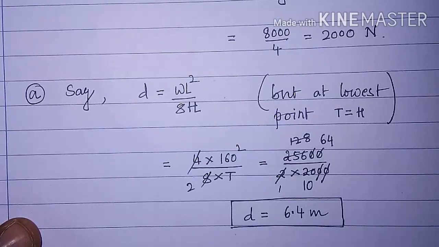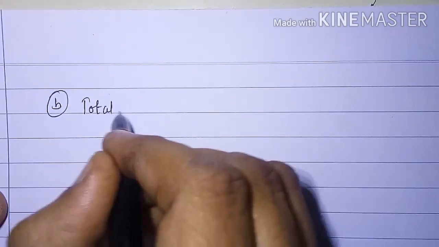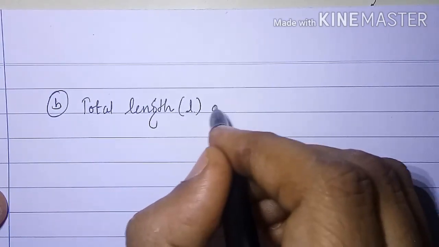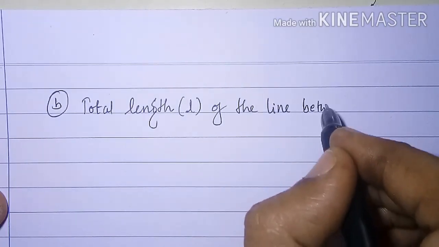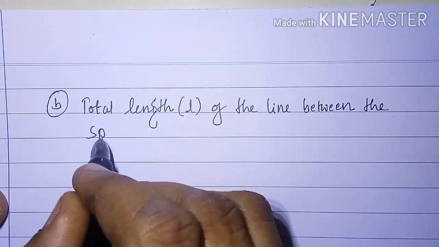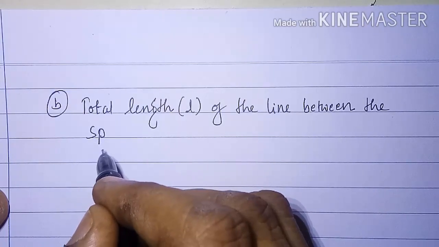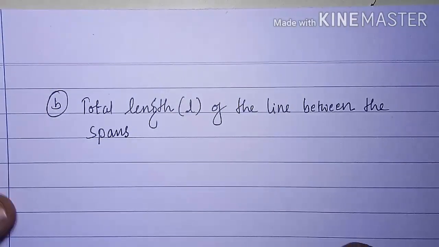Now we have to calculate the total length of the line between the spans. B, total length of the line between the spans.